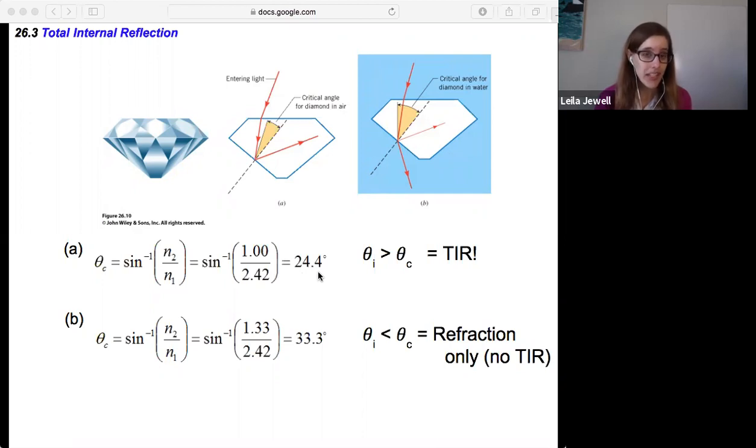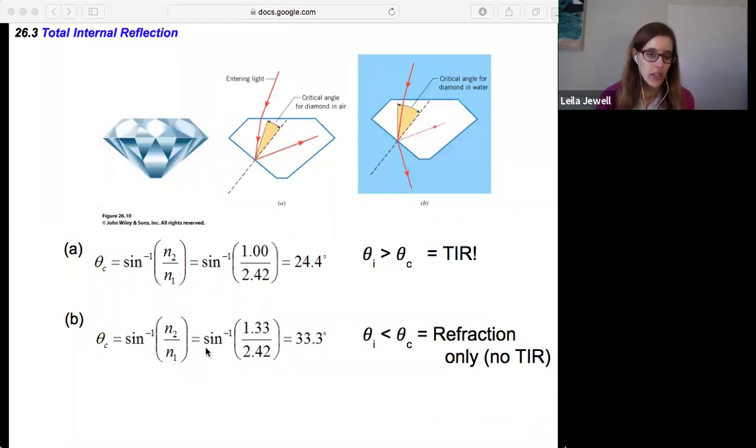Now our entering light is incident at an angle of 28 degrees, which is greater than this critical angle. Because our incident angle is greater than the critical angle, we have total internal reflection. And that's what's depicted here in the picture, where the entering light is at this red line, and it's greater than the critical angle, and so none of the light is able to pass into the air, and it instead reflects and stays within the diamond.